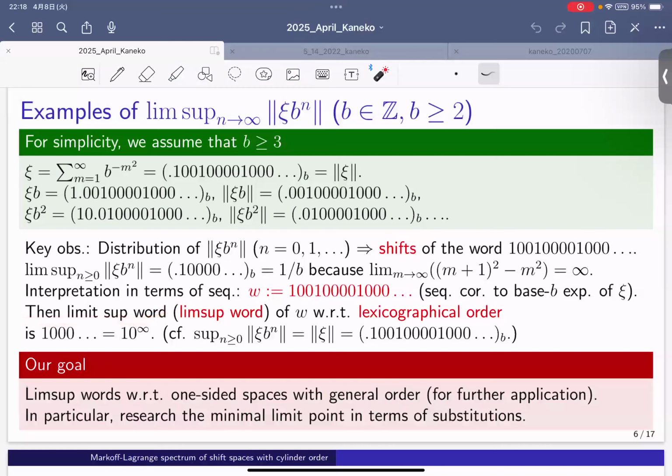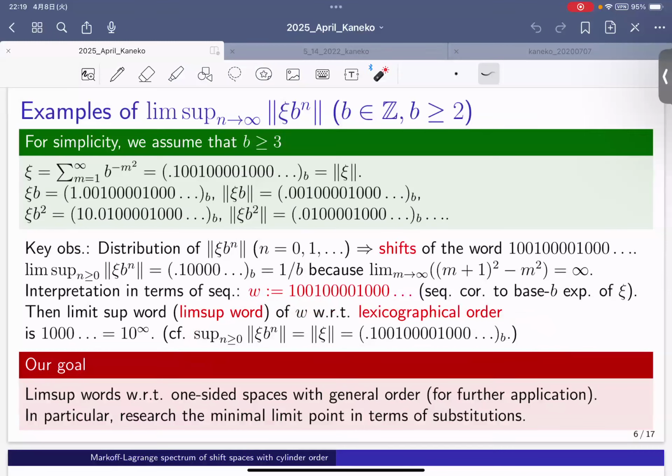So for this type of Diophantine problem, we consider limsup words related to lexicographical order. By the way, the limsup of this one is this. I would like to introduce this later.